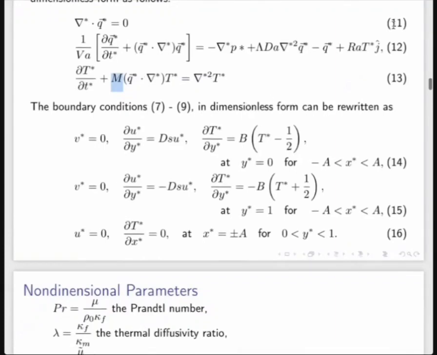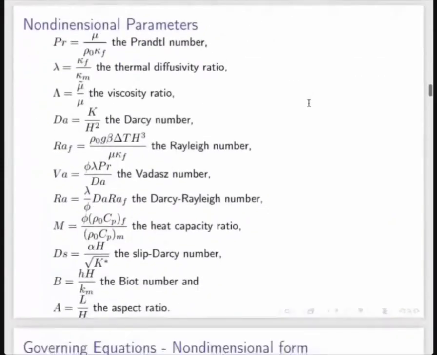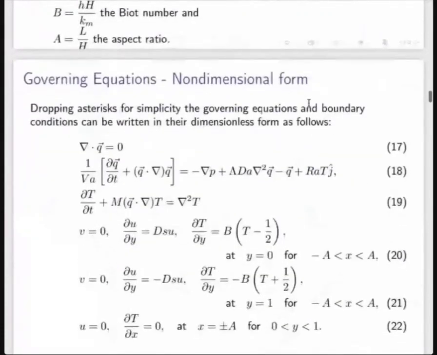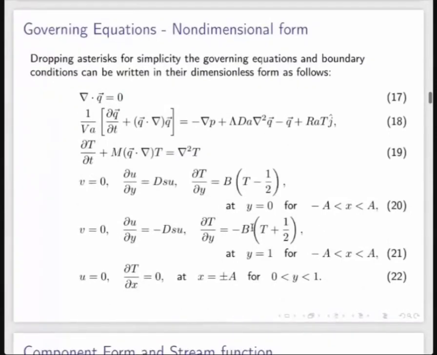So these are the governing parameters that are appearing in the non-dimensional equations, and their definitions are given in this slide. So we drop asterisks for simplicity and write the governing equations in this form, as shown in equations 17 to 22.